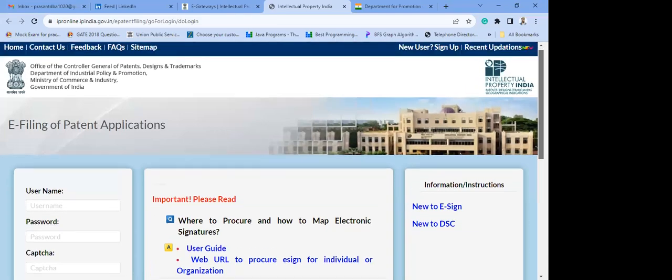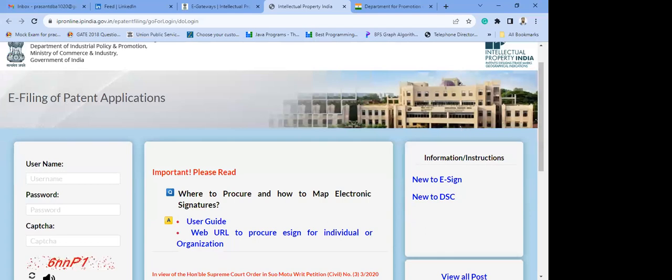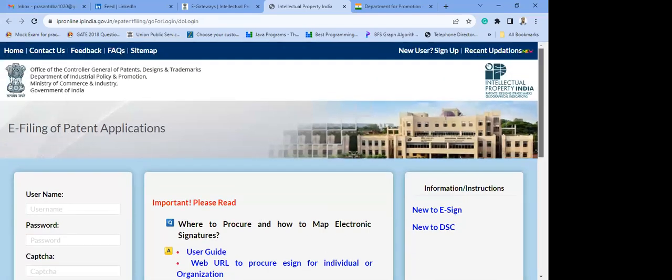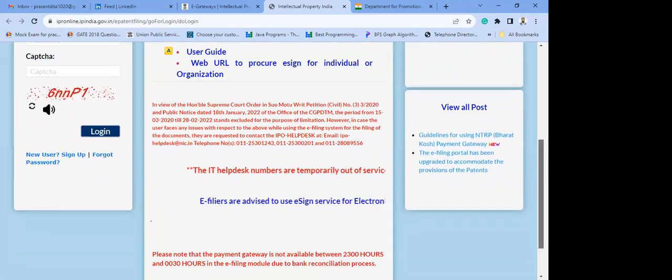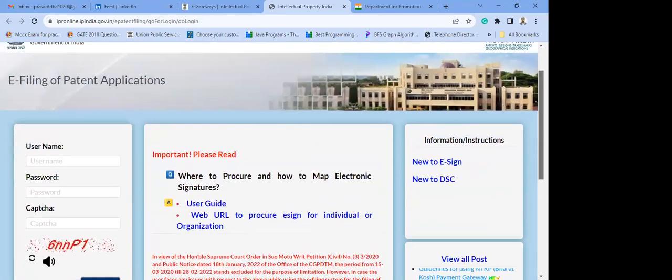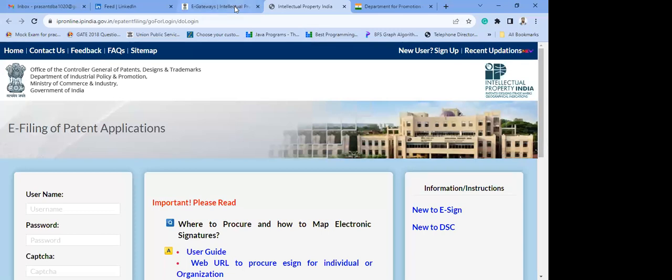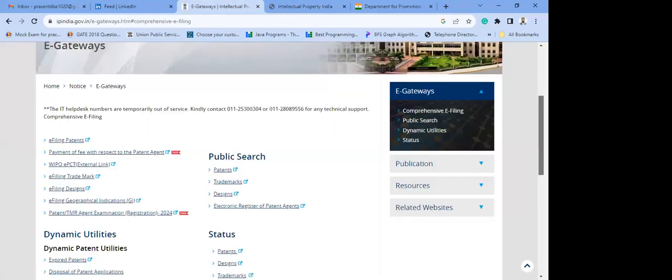If you are from the college side, you can take permission to use the principal's or the vice chancellor's e-signature. That will be helpful to you. Once you understand what documentation you should complete, you can understand the whole process. Here you can see what external links there are and how to fill in the trademark registration.